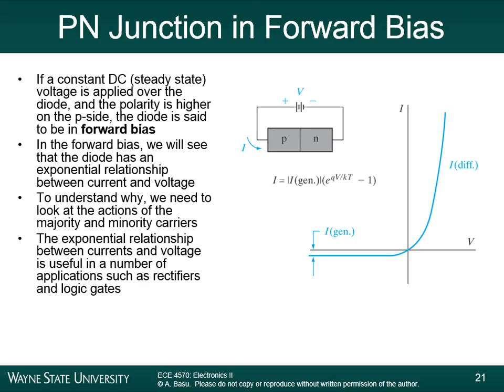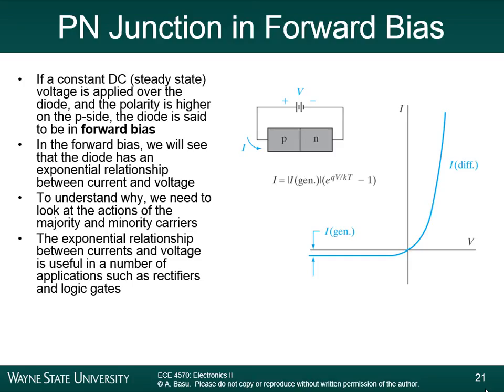Another thing we do is take advantage of the fact that diodes conduct current only in one direction. They're essentially a one-way device. Notice that the current is positive; it's never negative. So current really only flows one way through the device. Does anyone know where we take advantage of the one-way current of a diode? What are some examples?